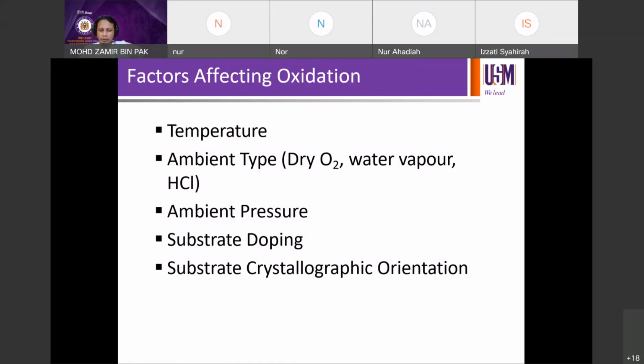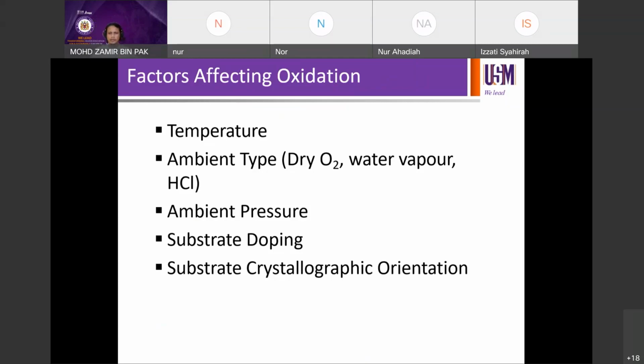If your B and B over A are different, then of course that's going to affect the oxidation. Ambient type, either it's dry oxidation or wet oxidation, or whether you add HCl to the system, is going to affect the oxidation process as well.